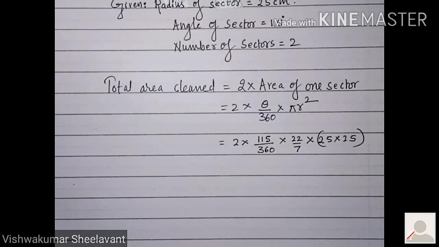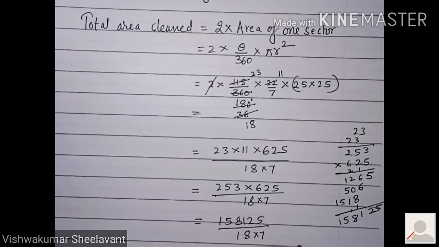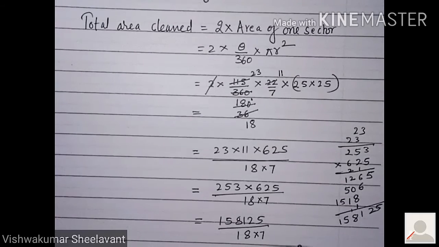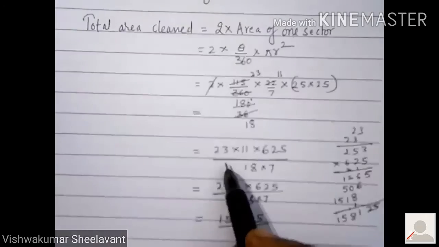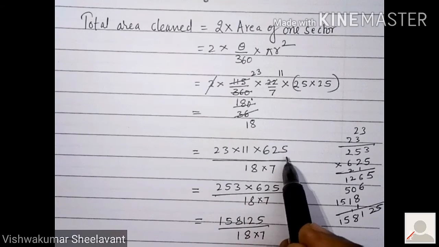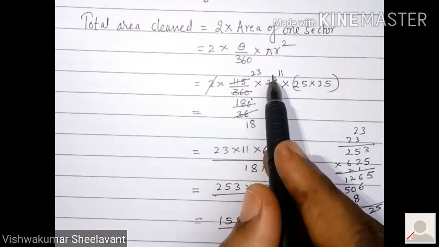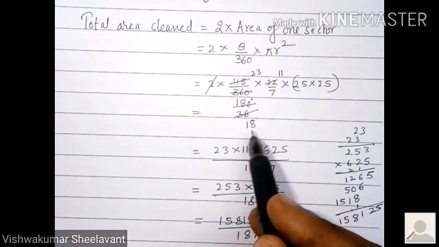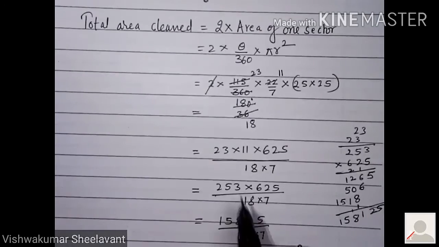Simplify this. We'll do it like this then. So 23 into 11 into 625. From here we are taking 23 into 11 into 625 divided by 18 into 7. 23 into 11 is 253, and then 625 as it is.